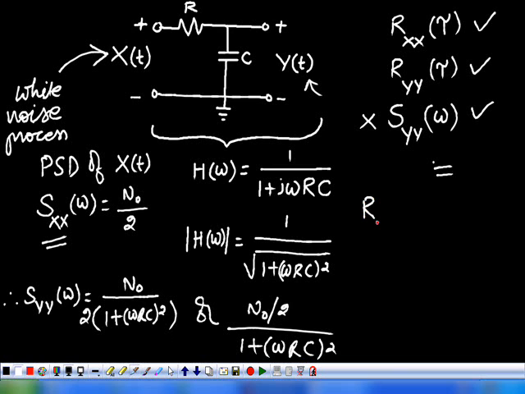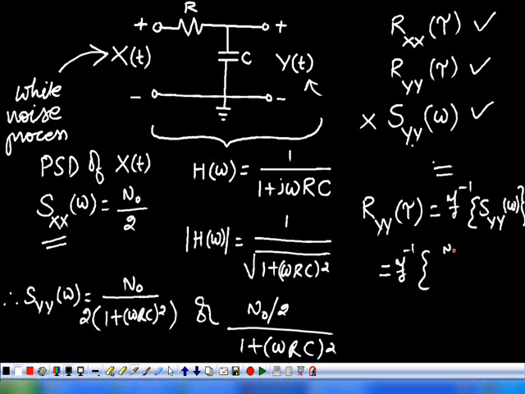Next we have to find RYY of tau. What is RYY of tau? See, we know this. This is the inverse Fourier transform of SYY of omega. That is the inverse Fourier transform of N0 by 2 times this expression.